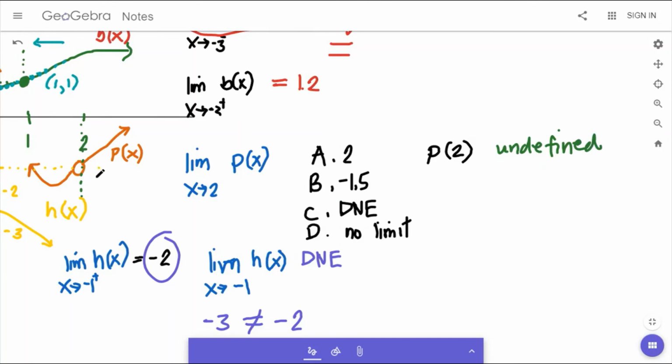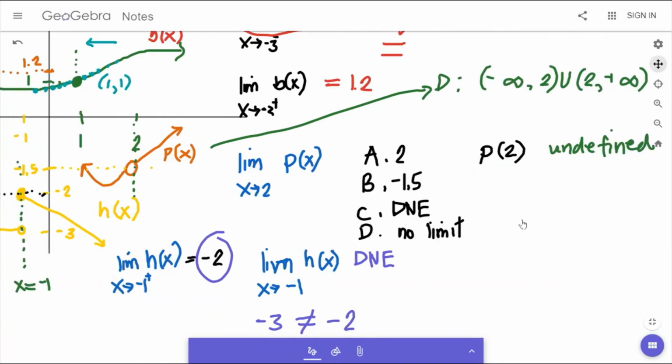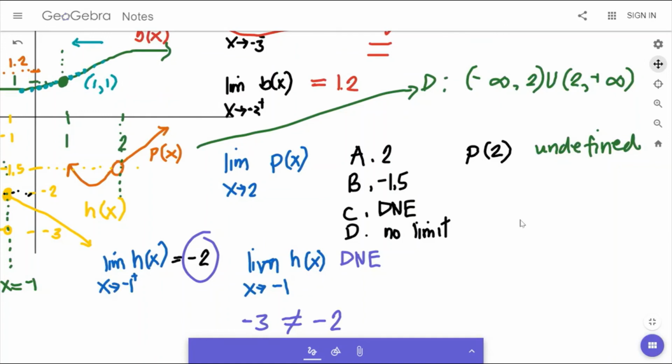So, ibig sabihin nito, when we check the domain of this P of 2, it is a set of all real numbers except 2. Yung x that is equal to 2, nakikita agad natin na disconnect na yung graph.